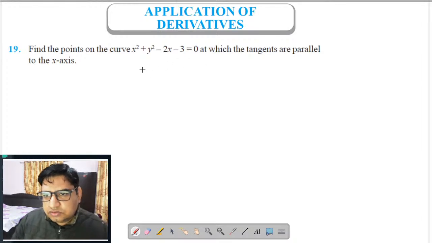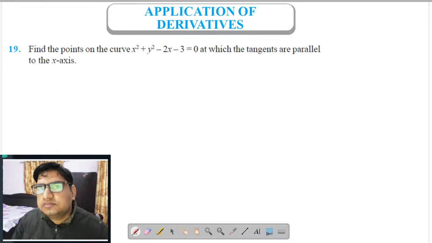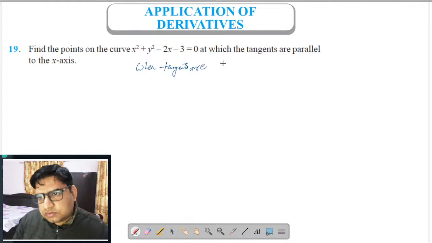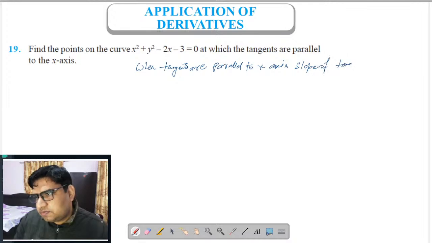So we'll simply write down here: when tangents are parallel to the x-axis, the slope of the tangent line is 0. Slope of tangent line, which is dy by dx, is equal to 0.